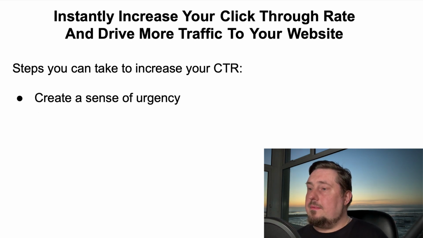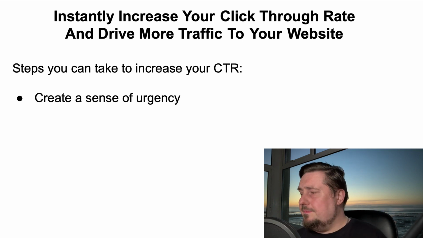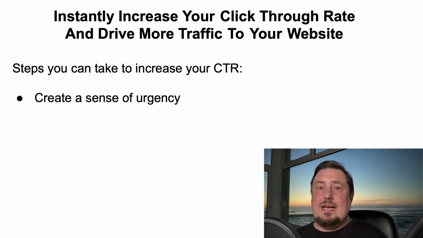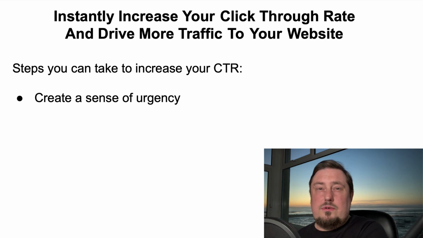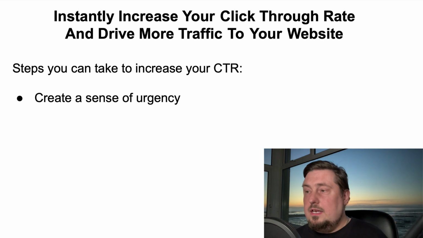Okay, the next step that I want you to take is to create a sense of urgency. So you can do this in multiple ways. When we put the pressure on a little bit, we increase the temperature a bit. It can increase conversions, and not only conversions on like an opt-in or a sales level, but also when we use it in headlines, in sales copy, ad copy, in blog posts, YouTube videos.